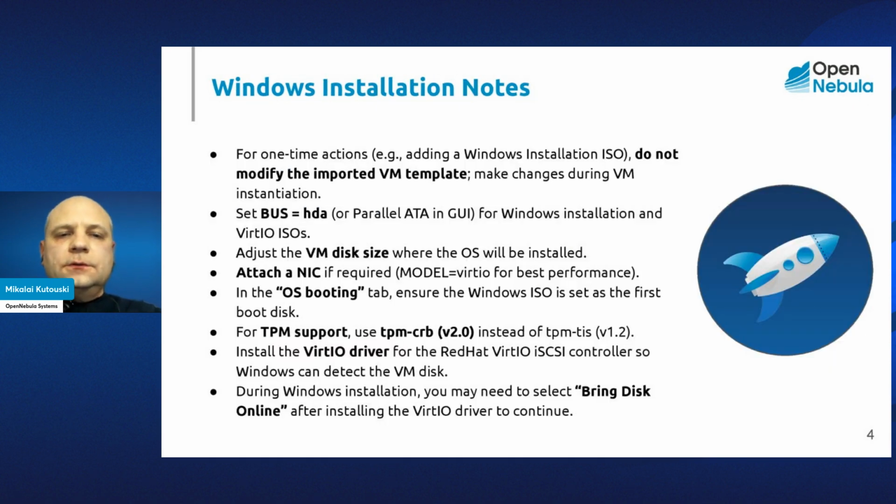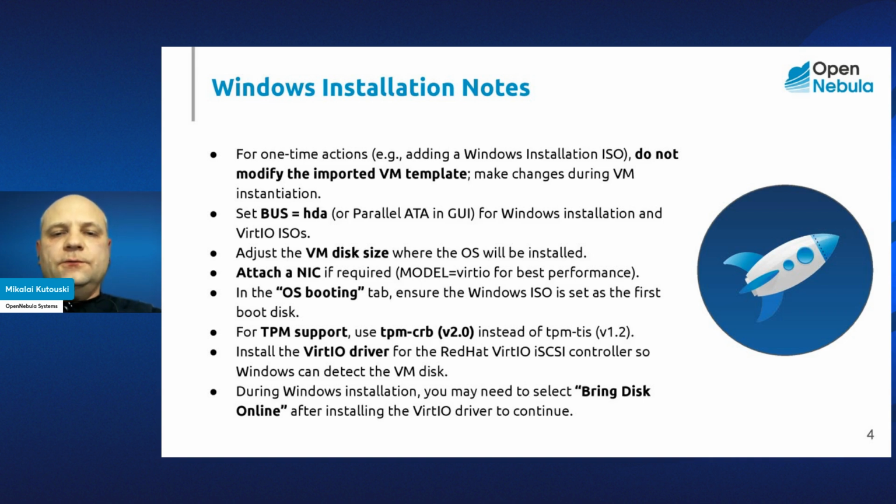A few notes and recommendations to take into account when you install an operating system. First of all, when you have imported the image template into your OpenNebula cloud and instantiate a virtual machine from this image, it's not necessary to modify the template. You can tune it when you instantiate the virtual machine.